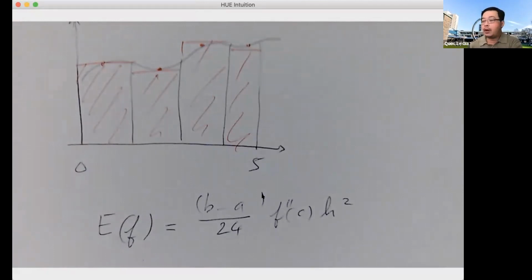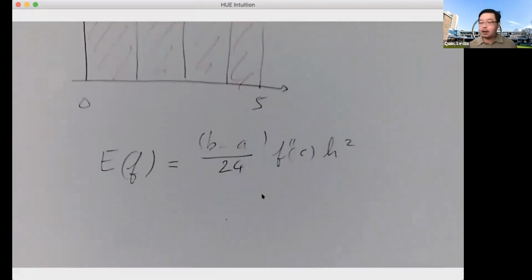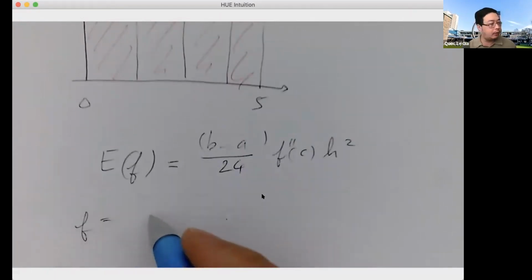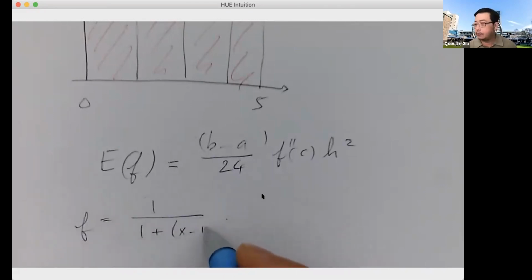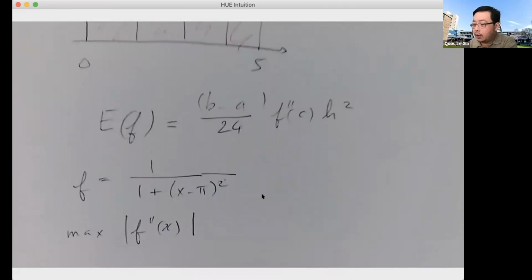So remember what the function is. In our case, f is 1 over 1 plus (x minus pi) squared. Now I want to know the max of the absolute value of f double prime over the interval 0 to 5.